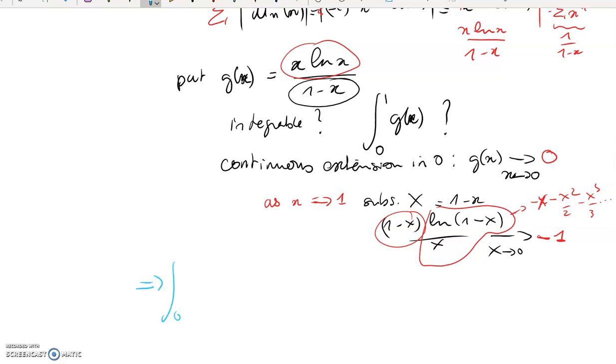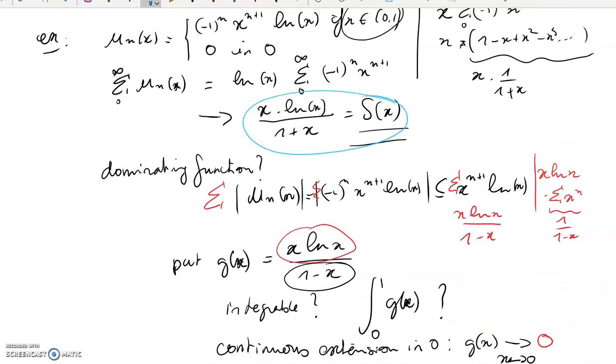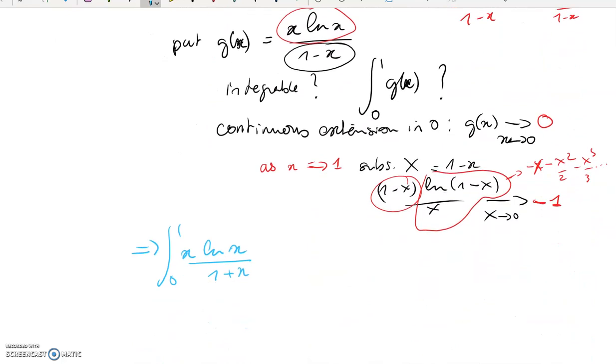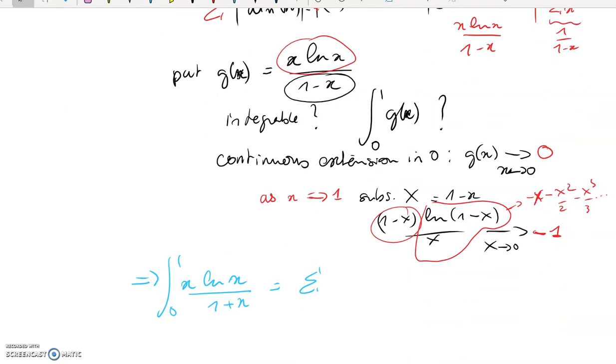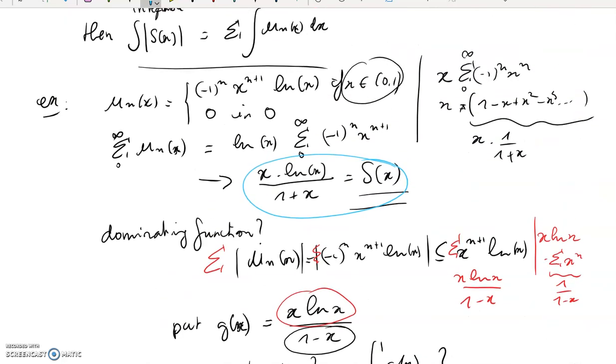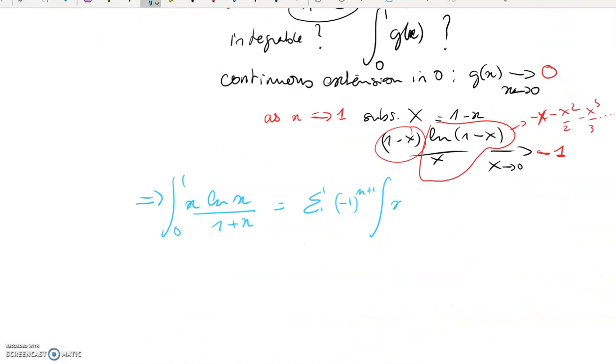Then the integral between 0 and 1 of x ln of x over 1 plus x, which was, I remind you, the limit of the sum of my series, is equal to the sum of my series, which was indeed -1 times the sum of the integral of x to the n plus 1 ln of x dx. Okay, that's half satisfying.